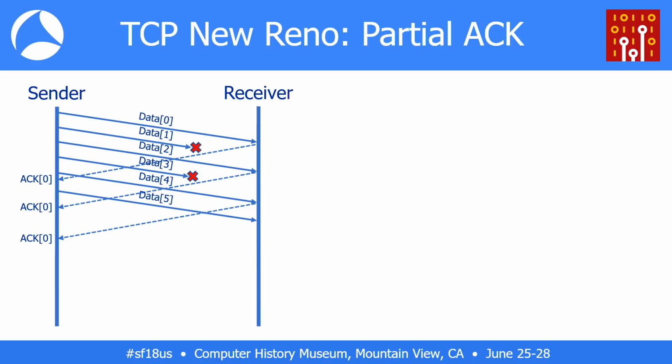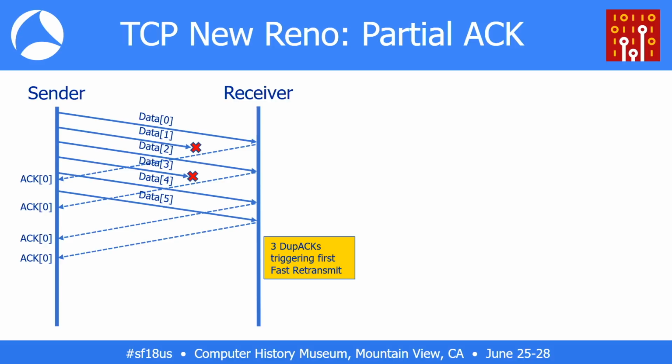Okay? So I'm here in time. Now I'm receiving the second acknowledgement. The receiver on the other side is still missing data, and is sending the third duplicate acknowledgement. And what happens now? I've already discussed it. Fast retransmit, right?